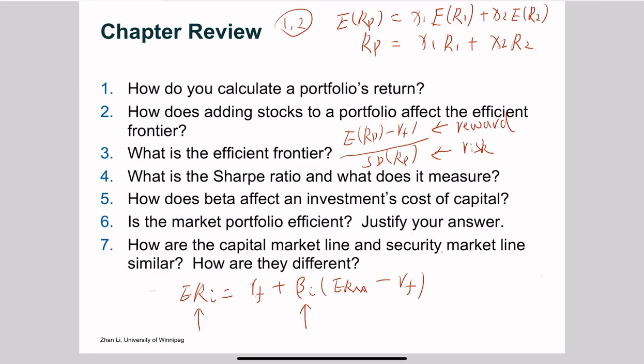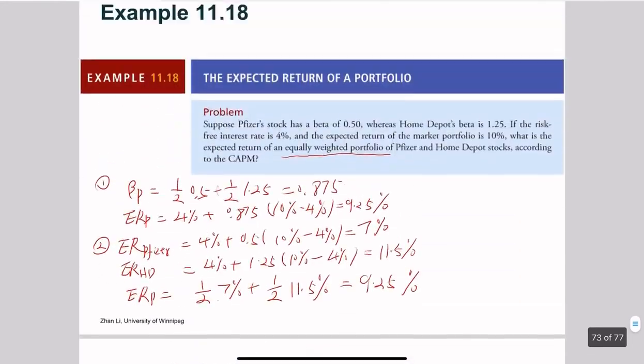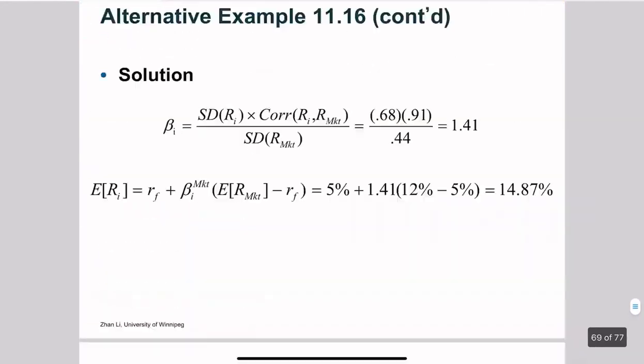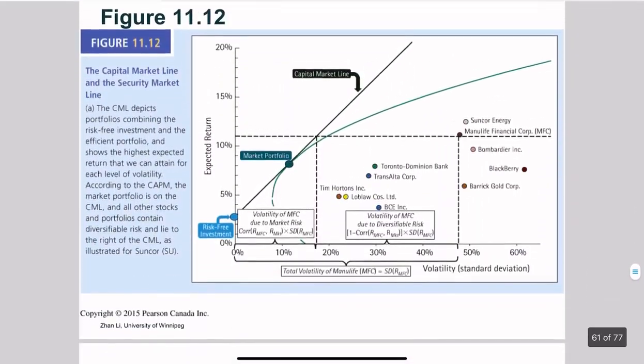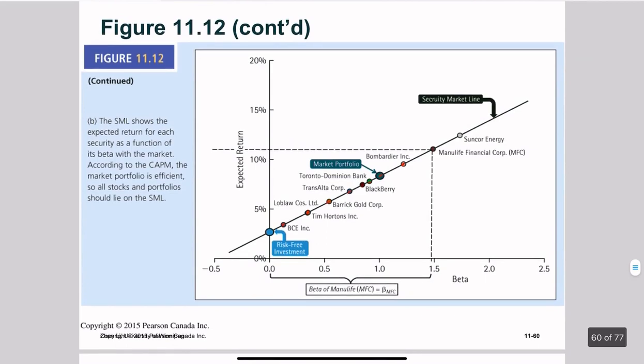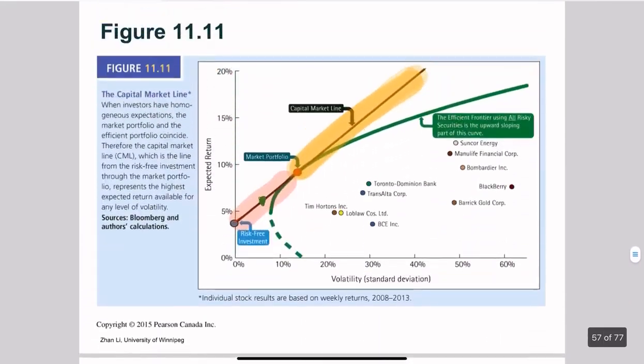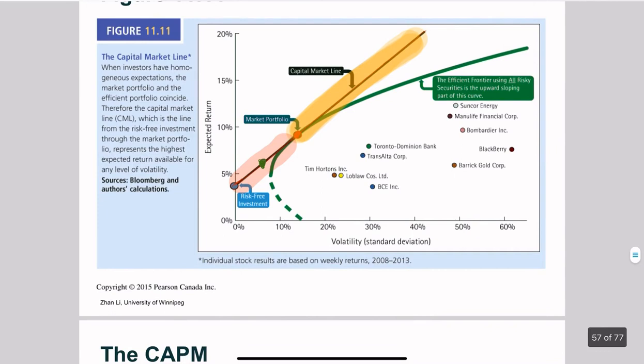How are the capital market line and the security market line similar? How are they different? So both of these two lines are expressing expected returns using some pictures. And for capital market line, the horizontal axis is different from the horizontal axis of the security market line. So let's compare these two pictures here. Right? So for this capital market line, you can see that the horizontal axis is volatility.